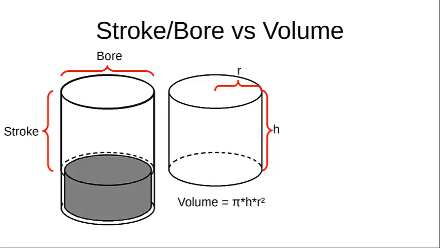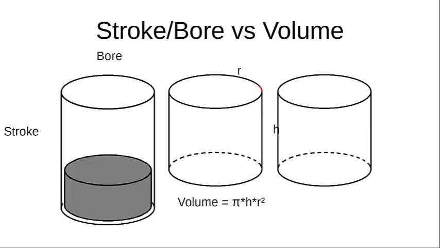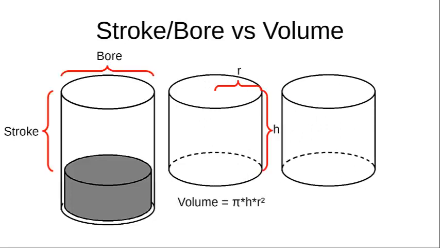Now, stretching this a little bit further, let's suppose we wanted to measure this volume right here, from the piston. From the stroke and the bore, it creates an actual cylinder, and let's suppose we wanted to measure that volume.